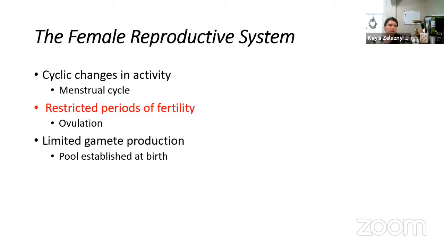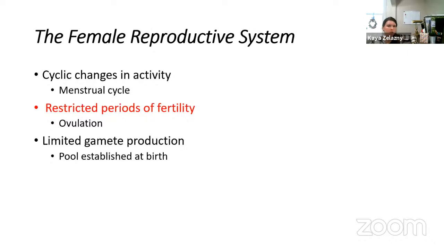Another thing that's different about the female reproductive system compared to the male reproductive system is that there are a limited number of gametes. So there are a limited number of these cells that can be used for sexual reproduction. The total pool is established at birth. So we're going to go through those early phases of meiosis, actually early in fetal development and at birth.